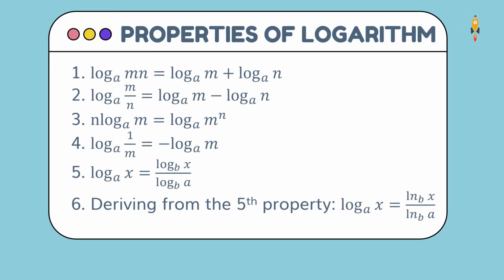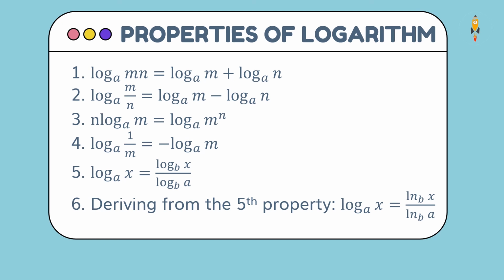Properties of logarithm. First, log base a of mn is equal to the log base a of m plus the log base a of n. Second, log base a of m divided by n is equal to the log base a of m minus the log base a of n.